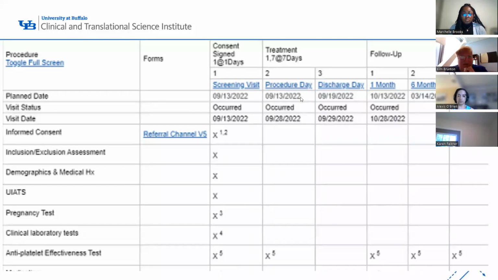It will tell you generally if there's a visit variance allowed. And then all you have to do is click that it occurred and the date that it occurred. If there's anything different from what is laid out for that visit that happened, then you write in what didn't happen, and we can kind of go from there.